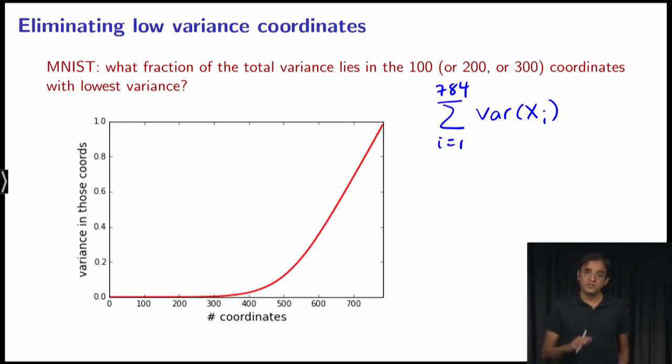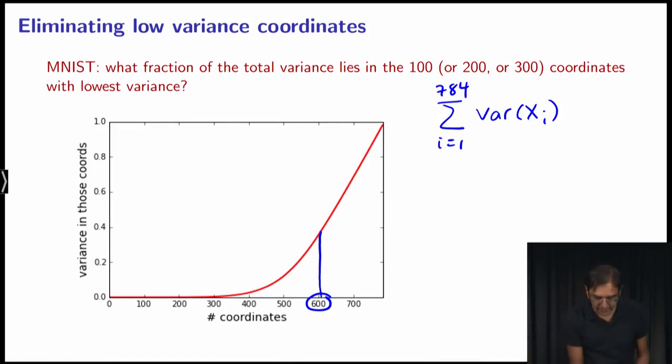And what this graph shows is how much of that variance you lose when you throw away some of the lowest variance coordinates. Let's say we throw away 600 of the lowest variance coordinates. So we choose the 600 coordinates with the lowest variance, we throw them away. If we do that, we lose about 40% of the overall variance.